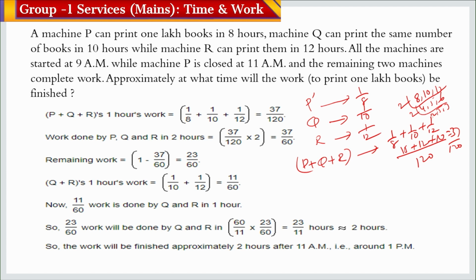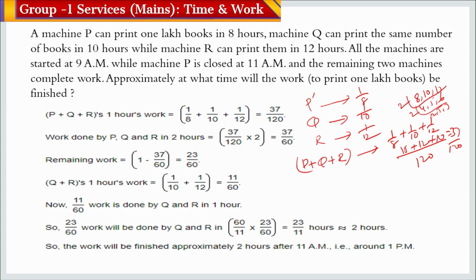Okay. What is the given information? All the machines are started at 9 AM, and machine P is closed at 11 AM and the remaining 2 machines completed the work. Correct? So from 9 AM to 11 AM all the machines worked together.